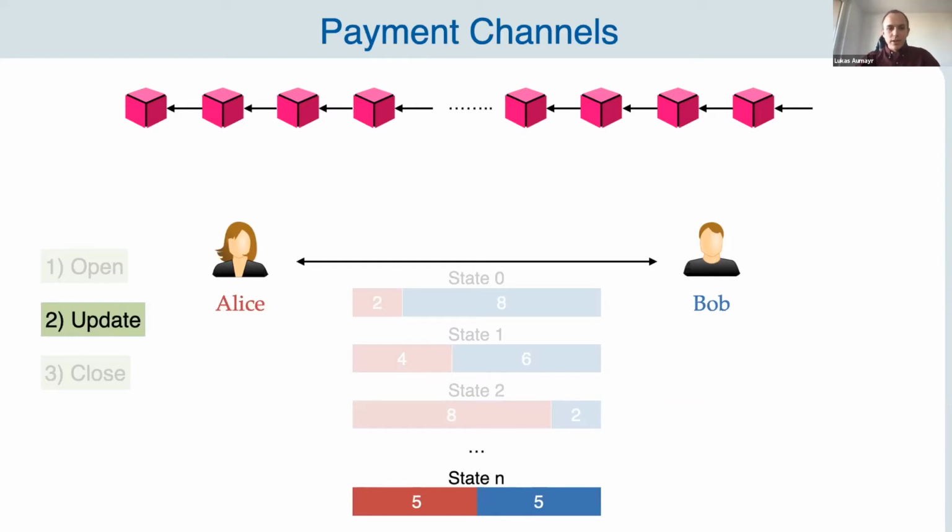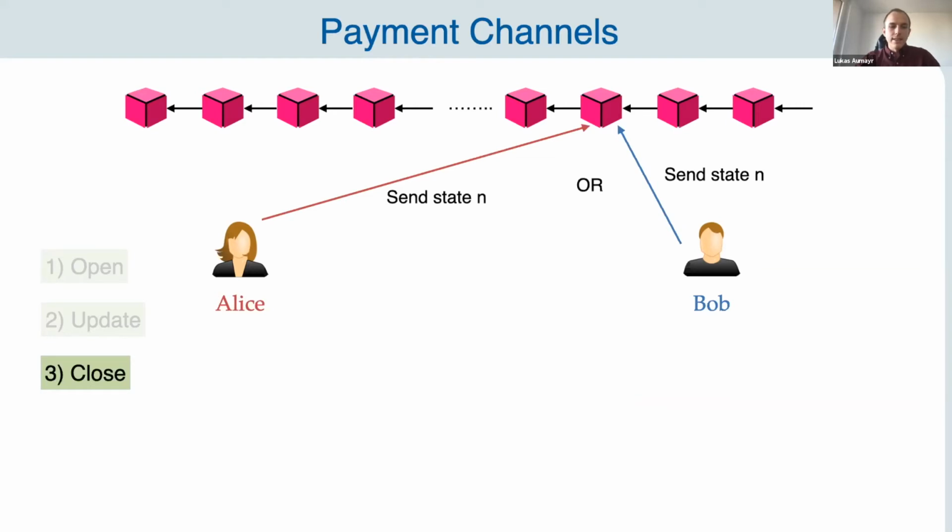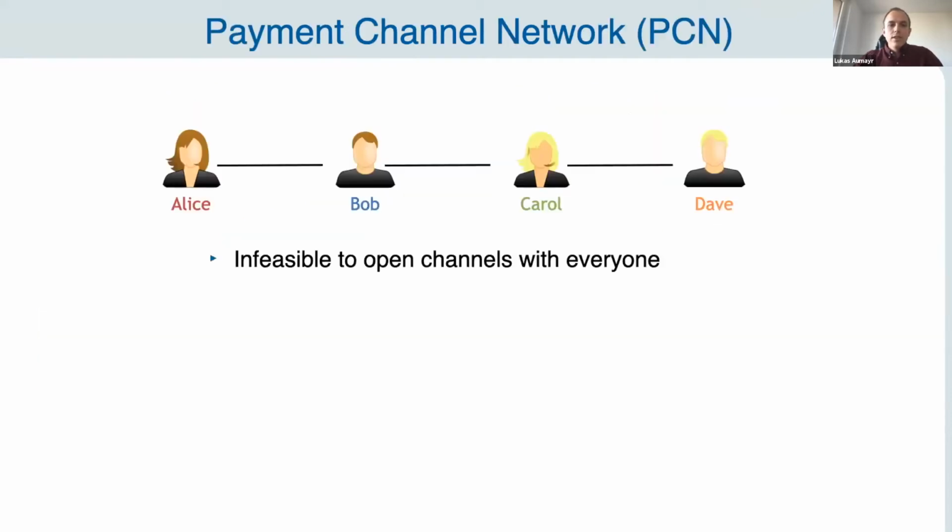So what they can do then is they can go ahead and close the channel simply by sending the latest state again to the blockchain. So notice that even though they can perform arbitrarily many payments between one another, only two of them actually are captured on the blockchain.